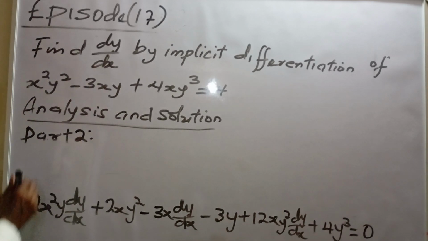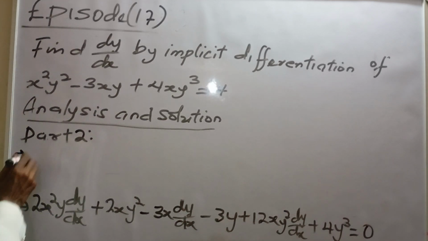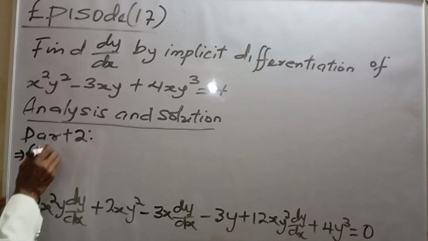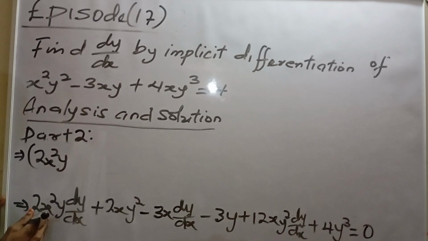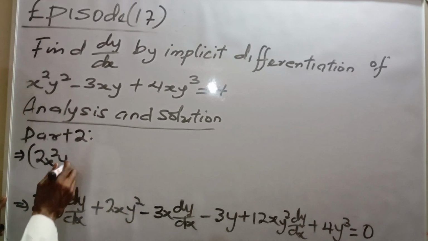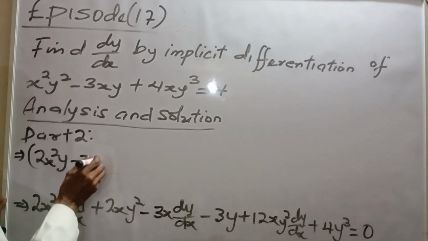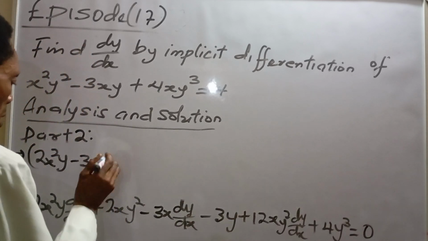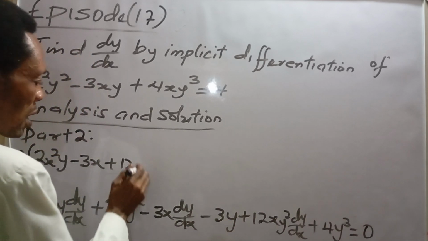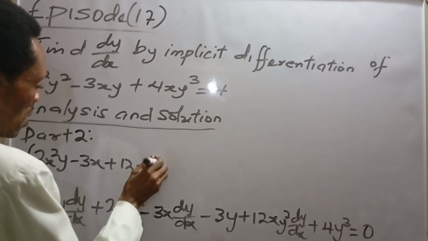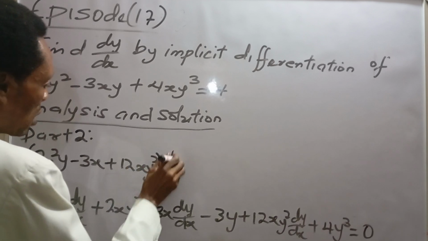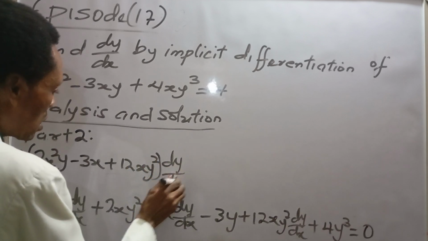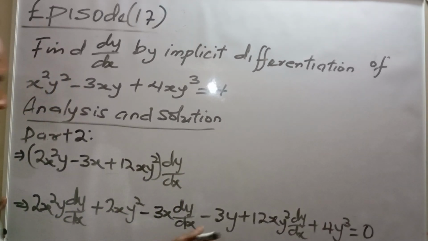So I can put it like this: 2s squared y, which I've chosen, minus 3s, which is this one, plus 12s y squared. Then I will not put dy/ds because they are common, you can see.